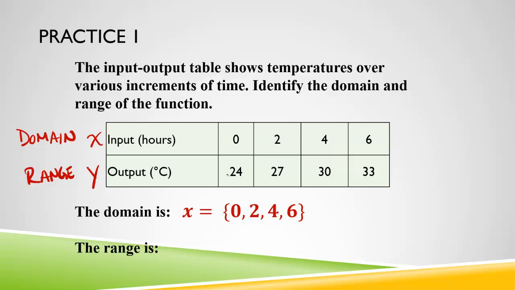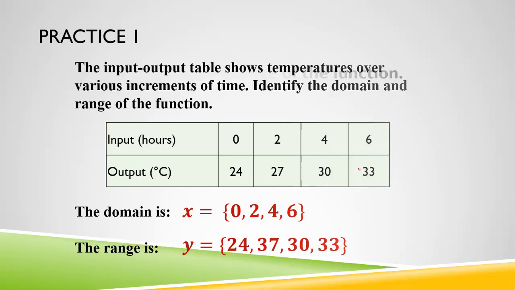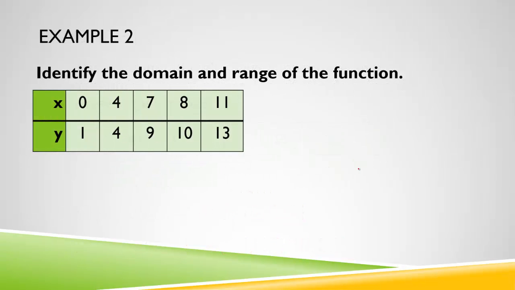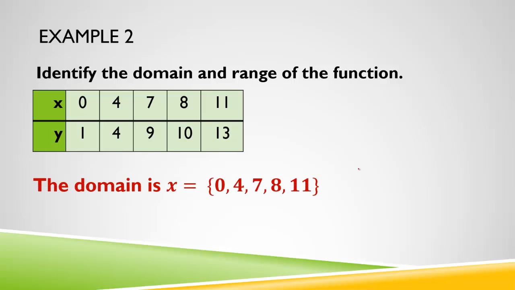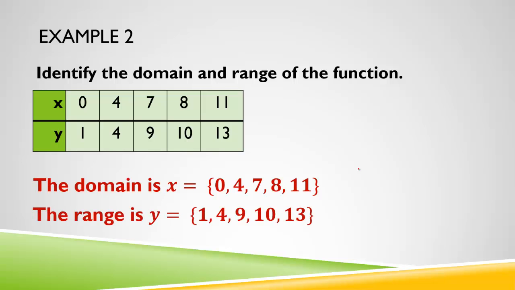Our range is all of our y values, 24, 27, 30, and 33. Easy enough. In this example, I want you to identify the domain and range of functions. So pause this and write down the domain and range and see if you can figure it out. It's actually pretty easy, especially since I labeled it x and y. So the domain is 0, 4, 7, 8, and 11. The range is 1, 4, 9, 10, and 13.